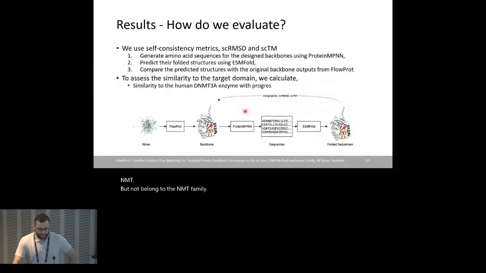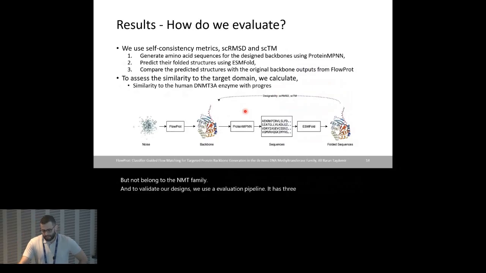And to validate our designs, we use an evaluation pipeline. It has 3 steps. For each backbone that our model generated, we generate a sequence from these backbones by using ProteinMPNN and predict the folded structure by using ESMFold. And we compare with the original backbone using self-consistency RMSD and TM scores.